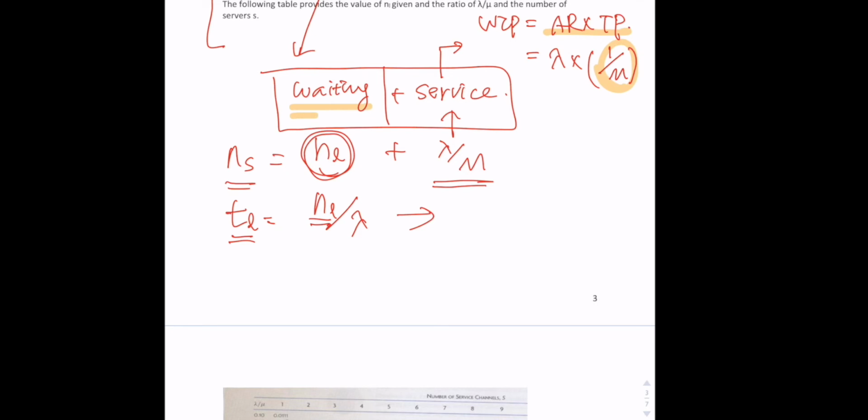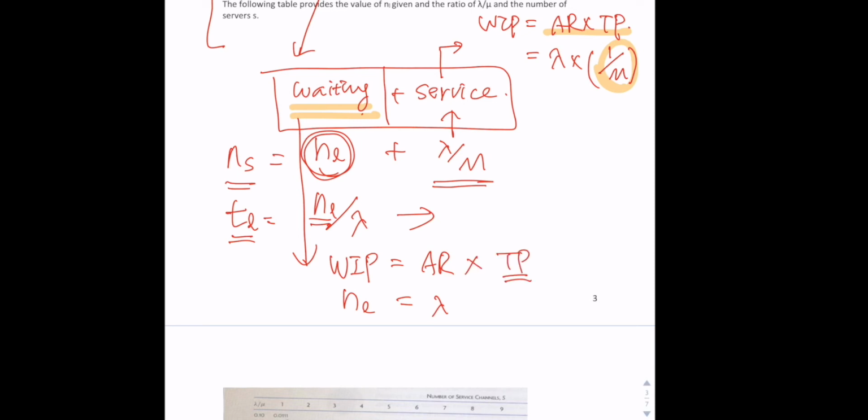How about waiting? In this waiting area, similarly, what can we do? Let me rewrite this Little's law. Little's law in this area: work in process, which is customers in the waiting line, equals arrival rate, which is still lambda, multiplied by throughput time.